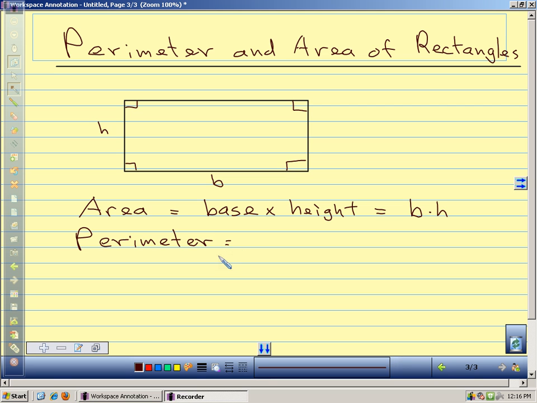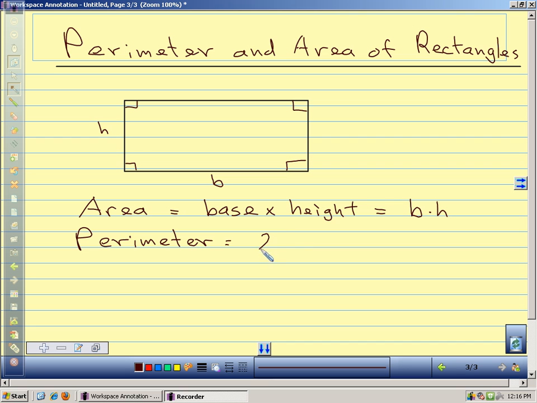How would we find the perimeter of this rectangle? Could we write a formula for the perimeter? We could say 2, you're thinking of, okay, there you go, you're right.